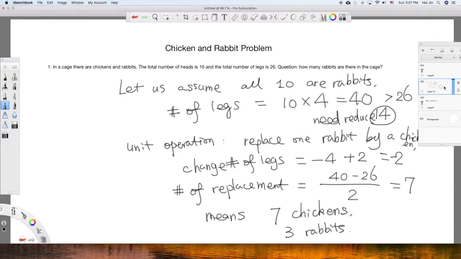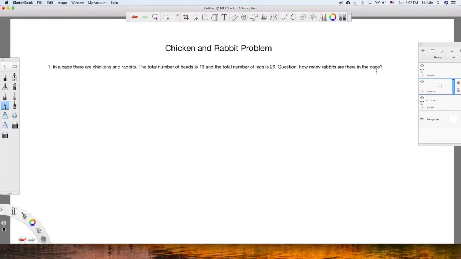Okay, now let's look at the last method for this kind of problem, and it is the algebra approach. I'm going to go very quickly on the algebraic approach, because we're going to learn it later. I'm just going to describe it. So the first way is using 2 variables.